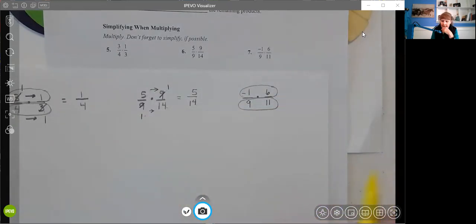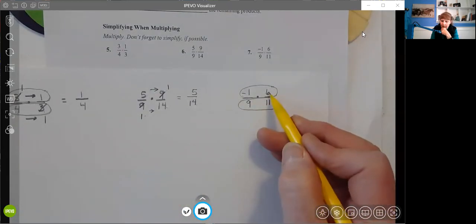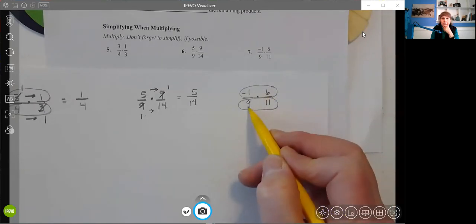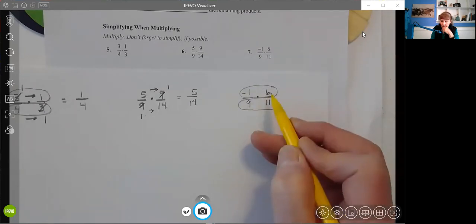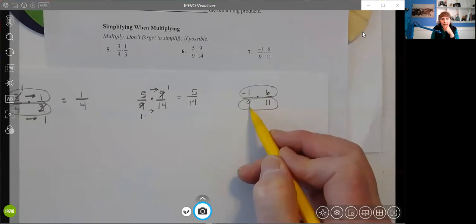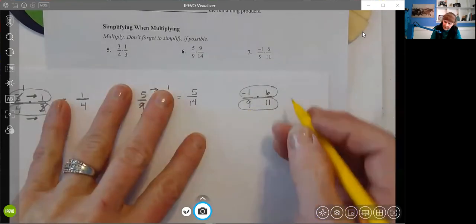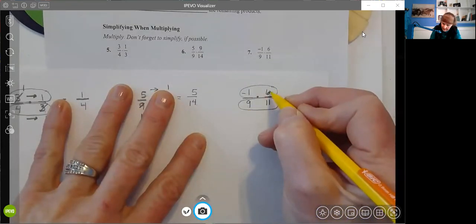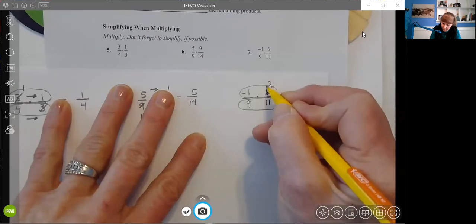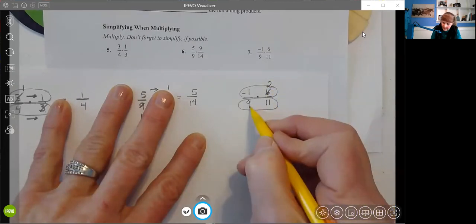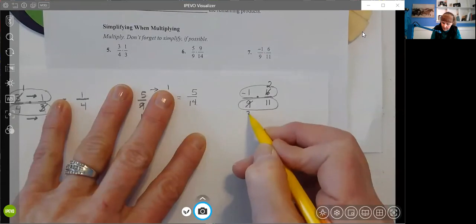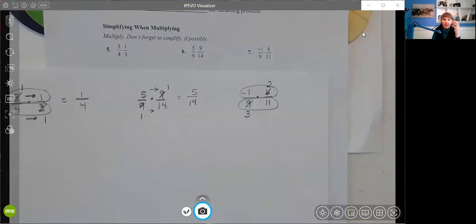Well, let's see. I could divide this by 3 and this by 3, because 3 goes into 6 and 3 goes into 9. So let's do that. Let's divide this by 3 and I get 2. And let's divide this by 3 and I get 3.